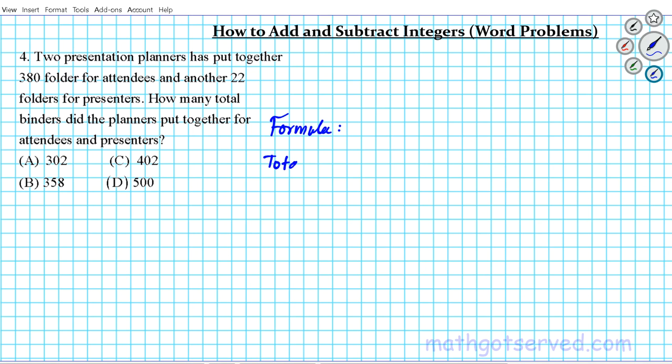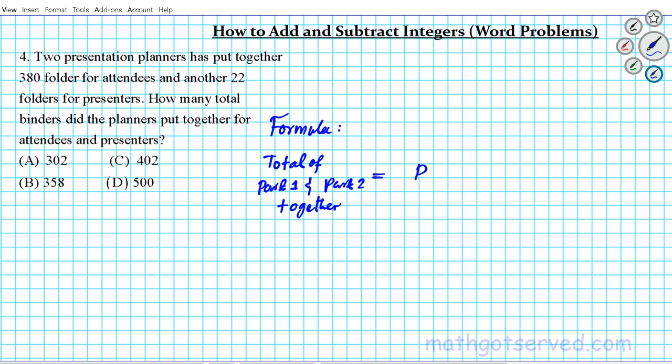So total of part 1 and part 2 together. What does this word together suggest? What operation does it suggest? We're putting folders together. Okay, so together basically represents the sum operation.